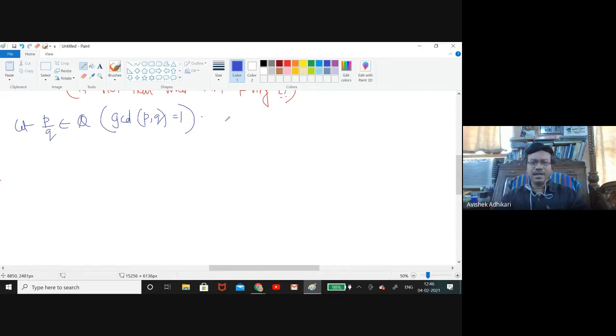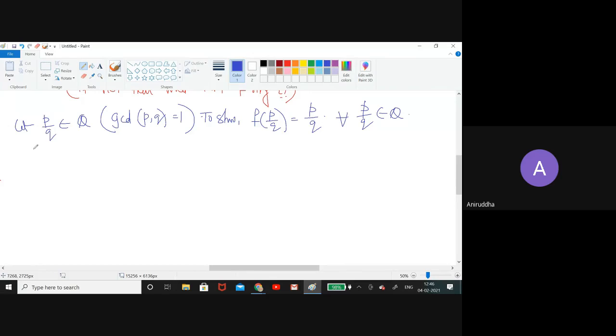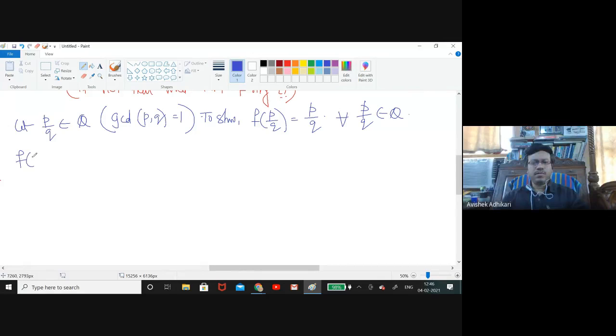Now my target is to show f(p/q) = p/q for all p/q belonging to Q. Can somebody help me in proving this? How to proceed? Sir, f of p equals p.